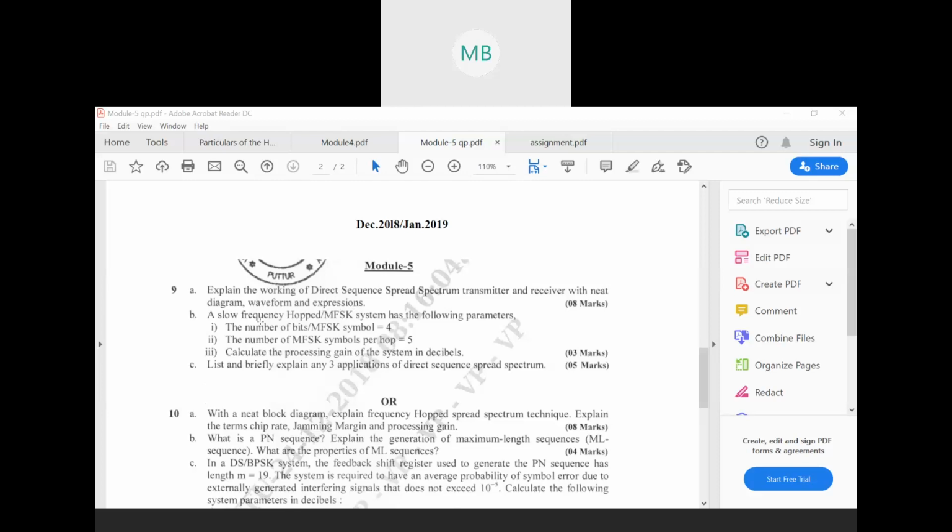Next is problem. A slow frequency hopped MFSK system has the following parameters. The number of bits per MFSK symbol is 4. The number of MFSK symbols per hop is 5. Calculate the processing gain of the system in decibels. Okay, what's the method? How to solve this problem?